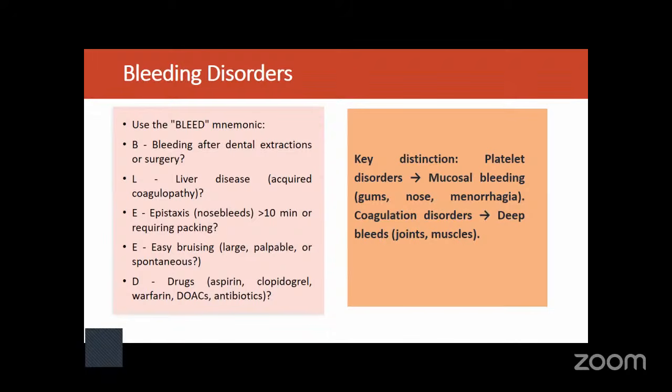Usually in epistaxis, you can have changes in weather, dry air, infections such as rhinosinusitis, or allergies. So the absence of those things, with an epistaxis occurring without a specific precipitating event, would make you worry about this.